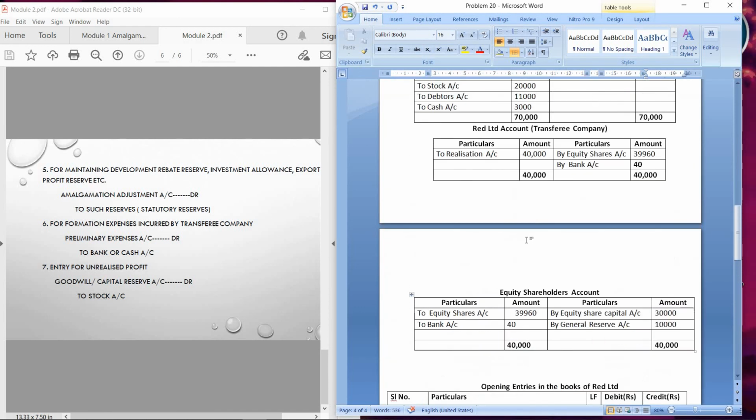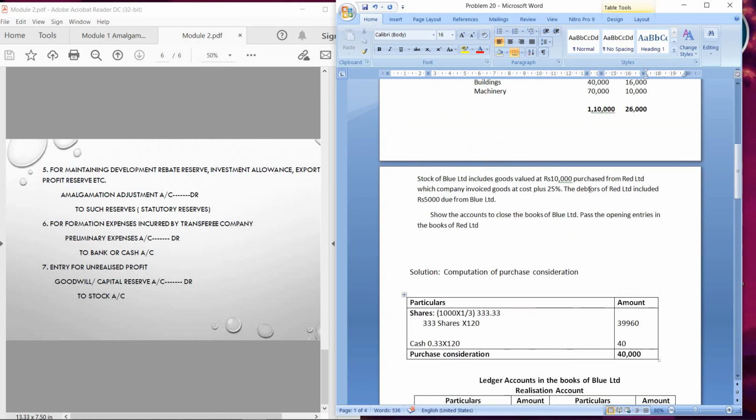Now we have to pass one more entry for the information that is given in the problem. The debtors of Red Limited include rupees 5,000 due from Blue Limited. Now both the companies are becoming one. So whatever the debtors and creditors are there, we have to just eliminate intercompany debtors and creditors.